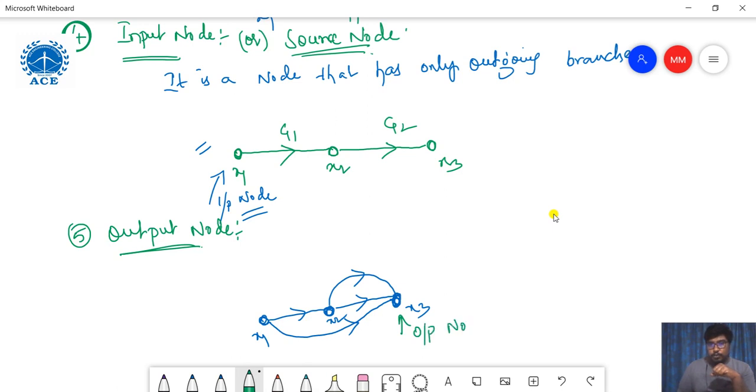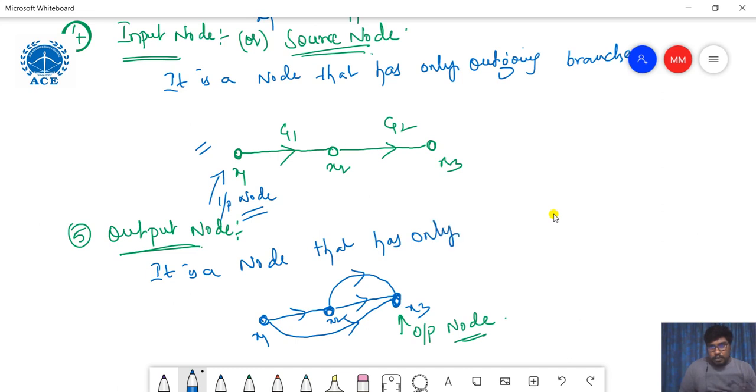So I am naming it output node. Same definition, output node is nothing but a node that has only incoming branches.